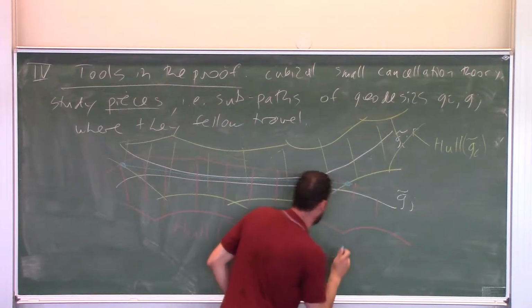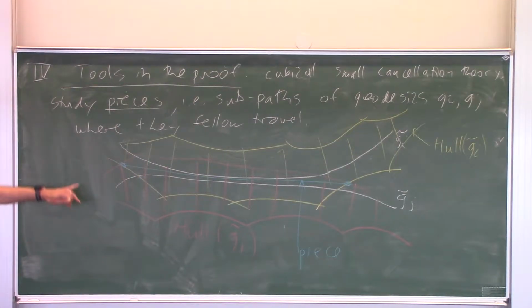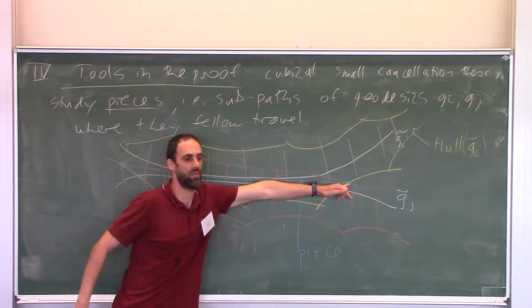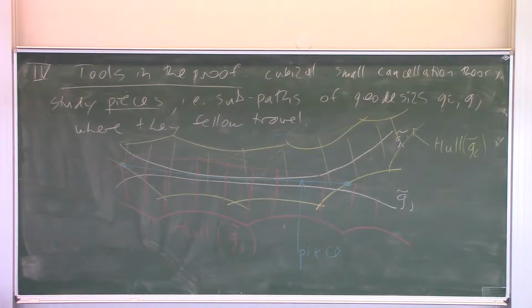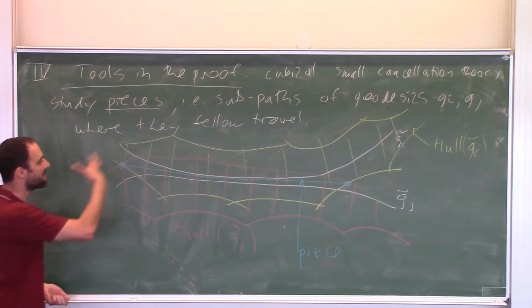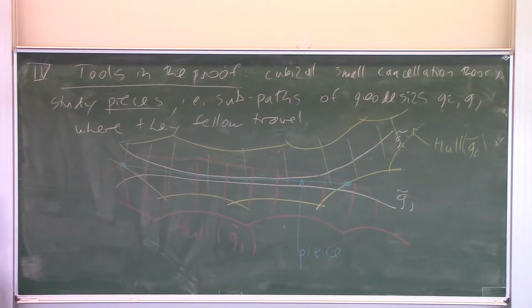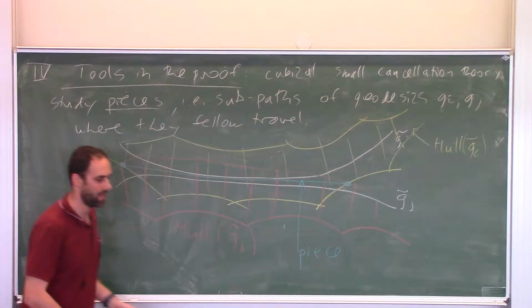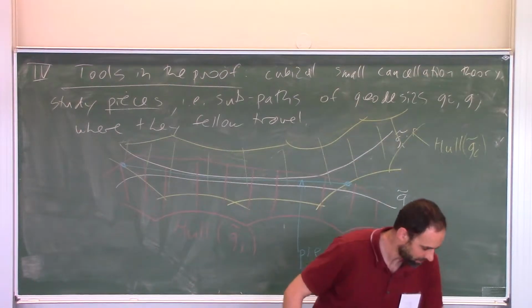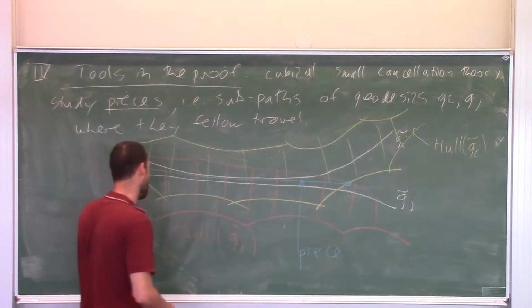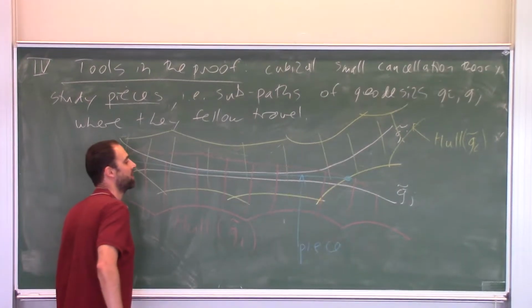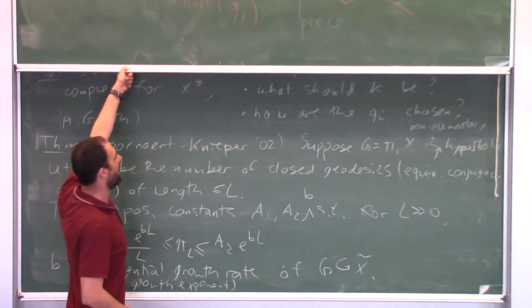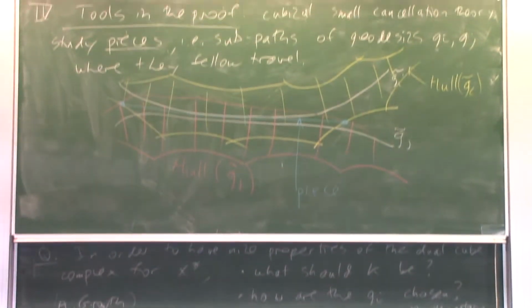Some segment connecting a pair of points at maximum distance in the intersection of the convex hulls. This is the cubical version of the theory. There are many, many variations. The key idea is that these two geodesics are fellow traveling for a long distance, and the idea of small cancellation theory is that this should happen relatively little.